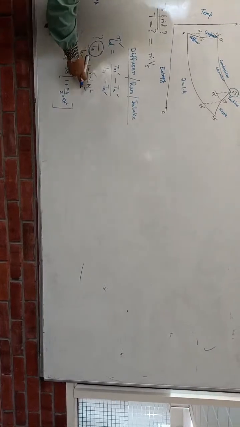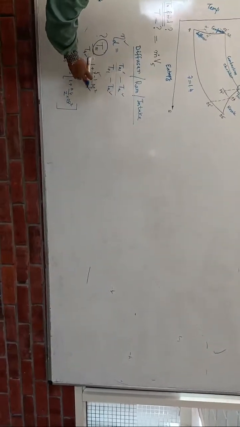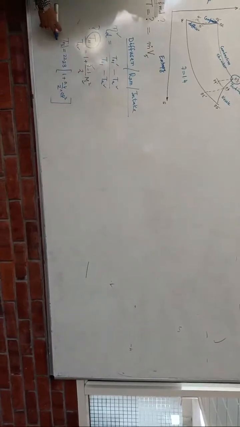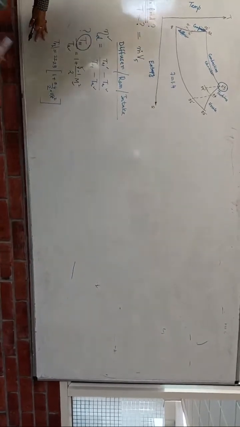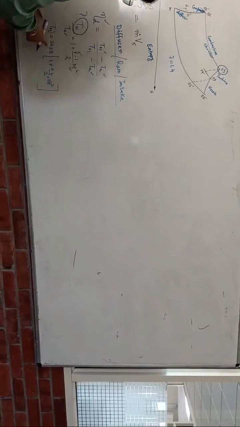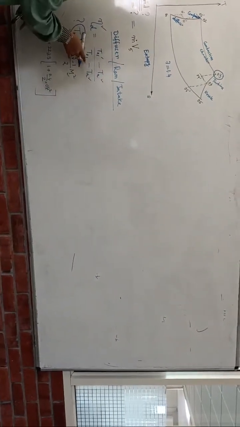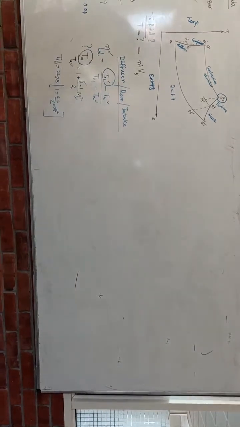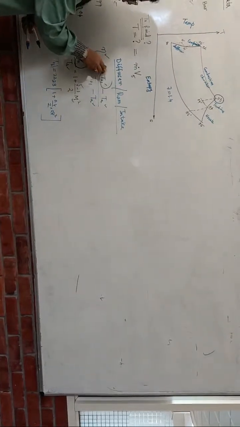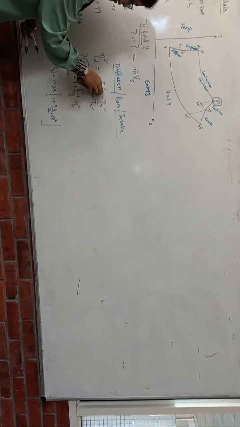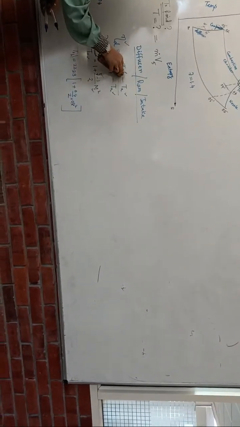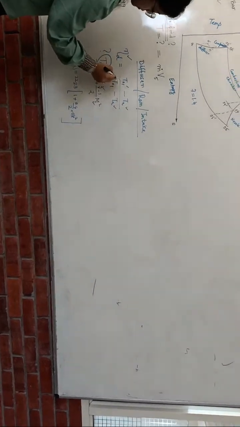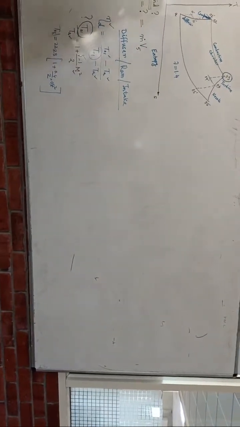Here the Mach number is given, so substitute the Mach number value and you will get T01. After you get T01, you substitute it back, not in this one, but in the T01 prime relation.